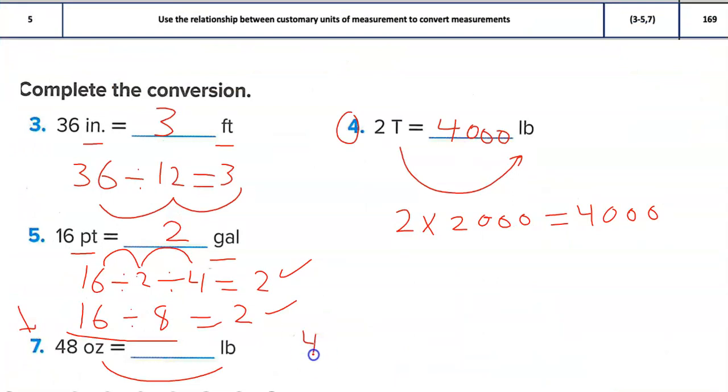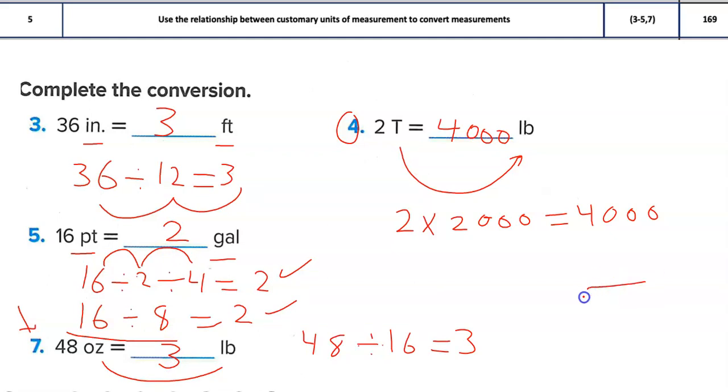So 48 divided by 16 equals 3. So 48 ounces equals 3 pounds.